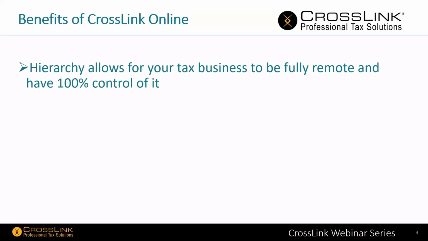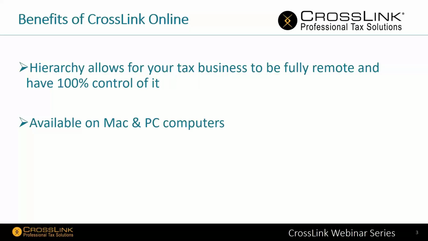As I mentioned, we have a hierarchy within CrossLink Online. You have an account level, your office level, your preparer level, and then of course tax returns. But with CrossLink Online, you can do everything with your account code login, and that's your account level. So you could be fully remote and have 100% control of your business.